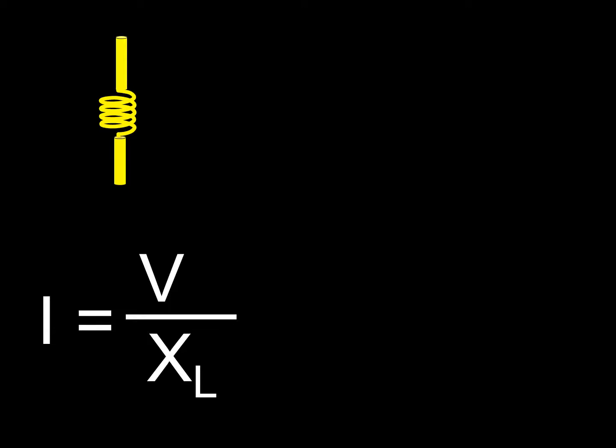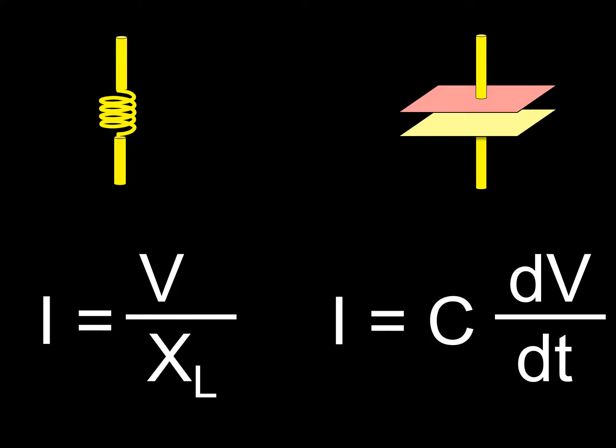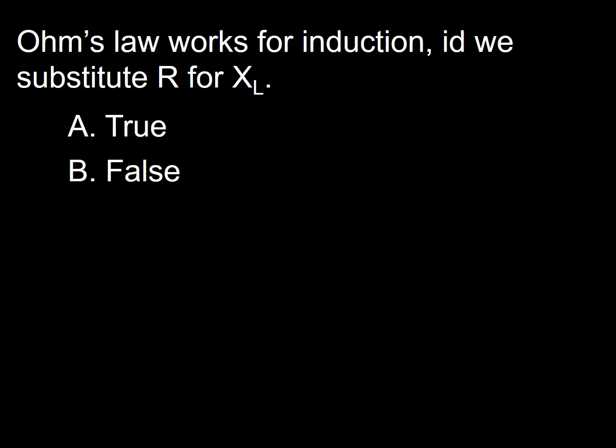As you can see, substitution of XL for R explains the behavior of current in an inductor. The behavior of current in relation to a capacitor is more complex. So the answer to this question is A.